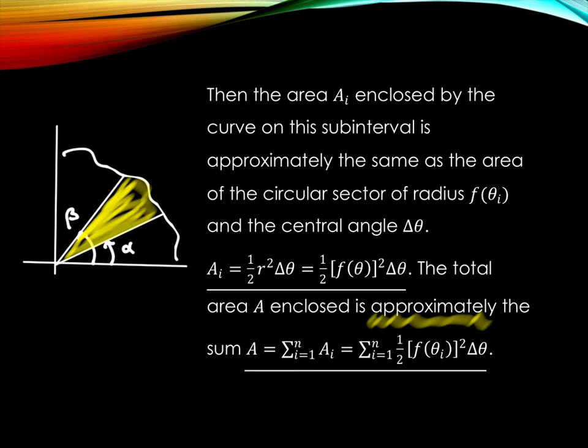And if you remember, we used this same idea when we went into this notation in functions, and we replaced our summation with an integral symbol. And we don't have to go from 1 to n anymore. It uses the limits of integration. In this case, it would be the alpha and the beta angles as our limits of integration. And we would be able to use antiderivatives to actually find this exactly. And that's exactly where we're headed.